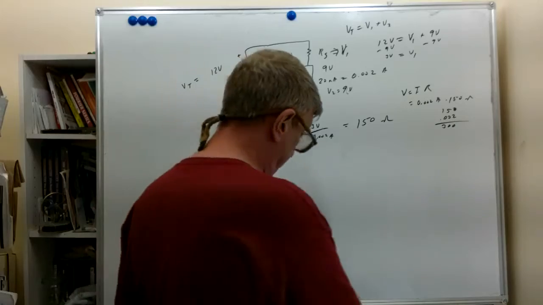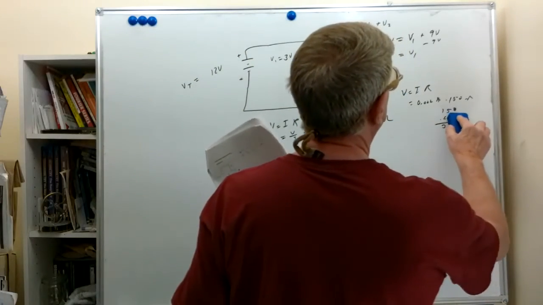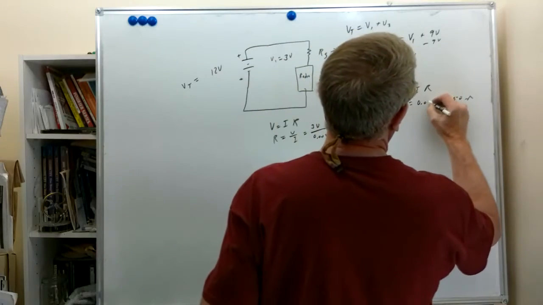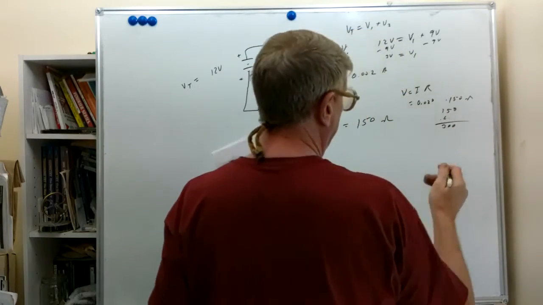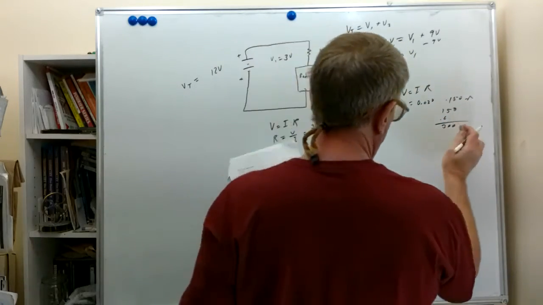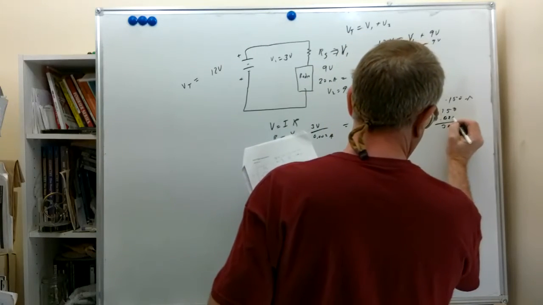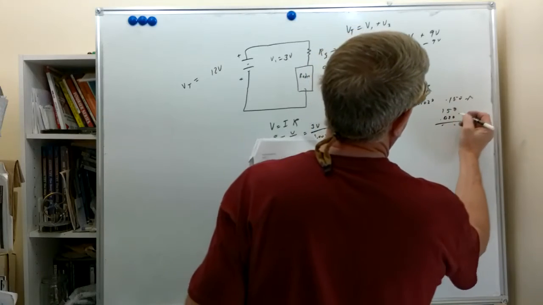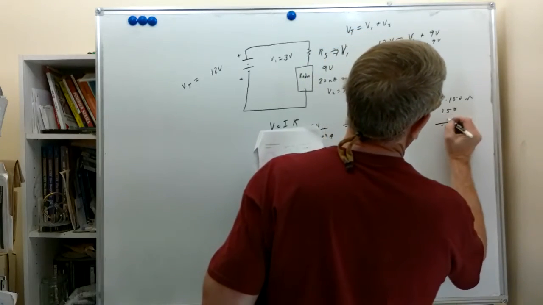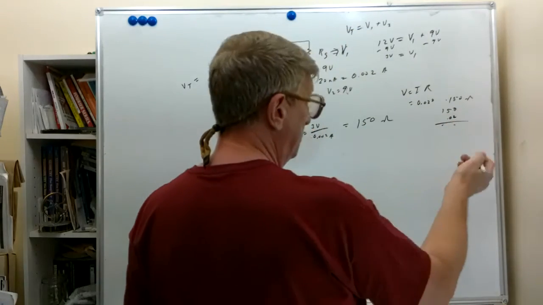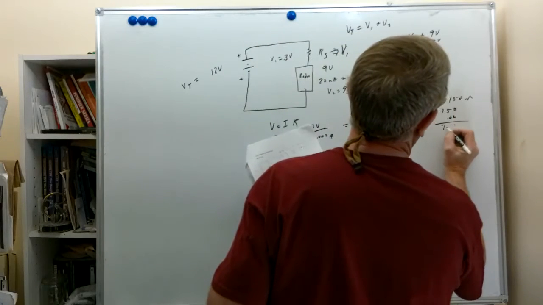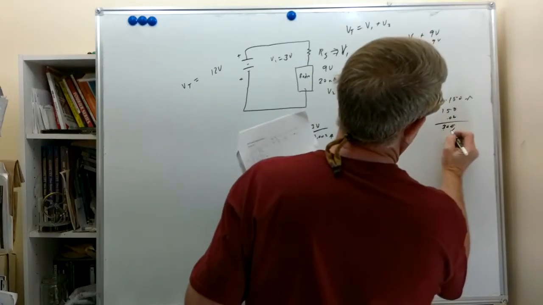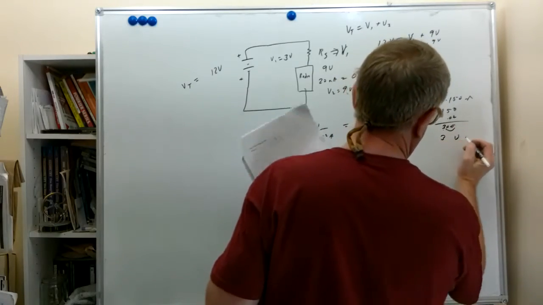Oh, okay, I see. I put 2 milliamps. That's why it didn't look right. This is 20 milliamps, excuse me. So let's just put 0.02. The 2 times 150 gives us 300, and then we'll move the decimal place 2, so we have 3 volts.